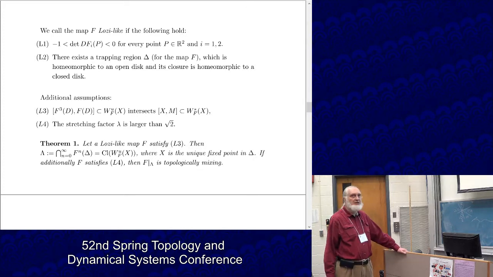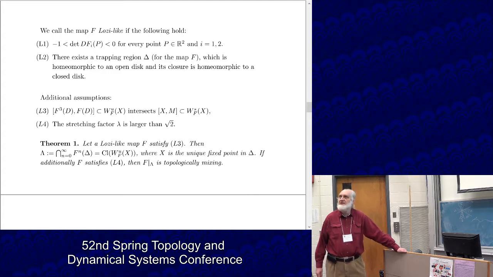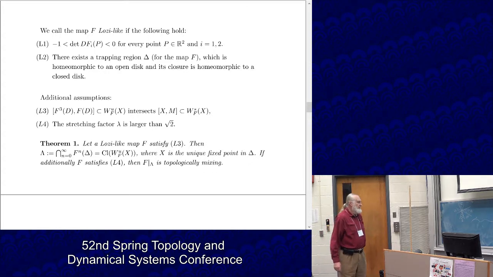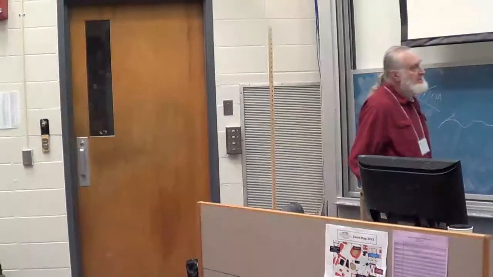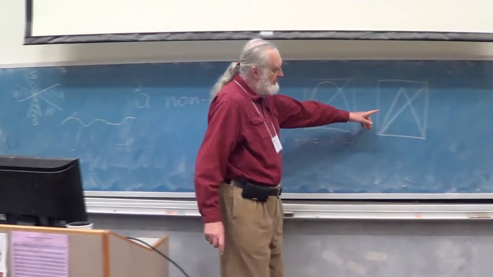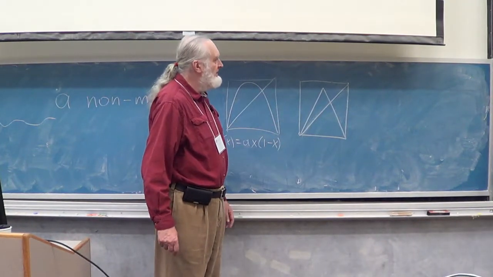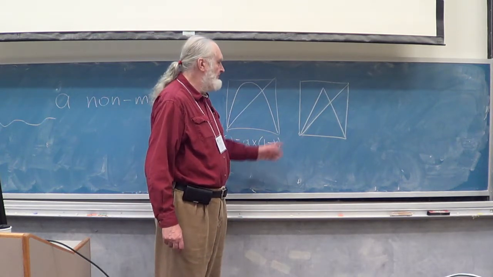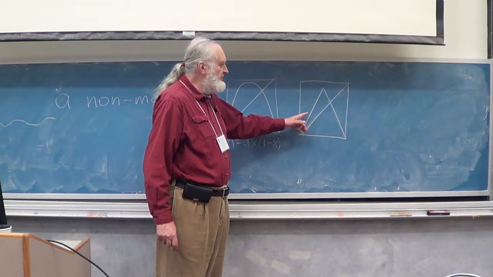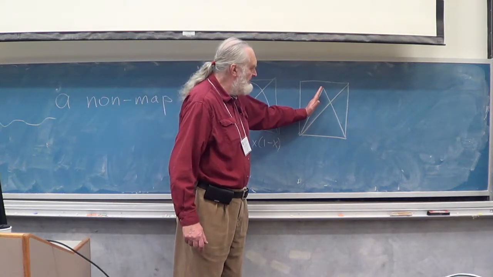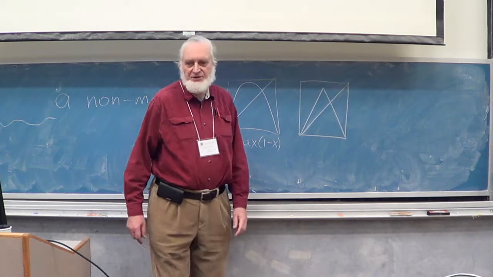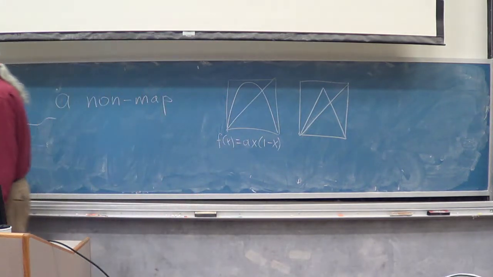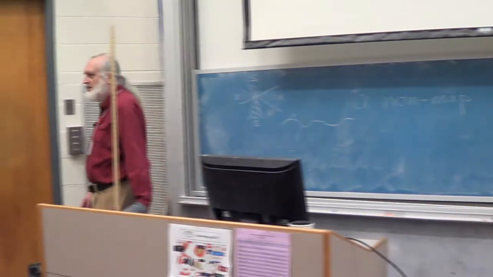So it should be larger than square root of 2. So maybe I will explain this condition. If you have some experience with the tent map, you can see that there is a big difference between the situation when the slope is larger than square root of 2 and when the slope is smaller than square root of 2.